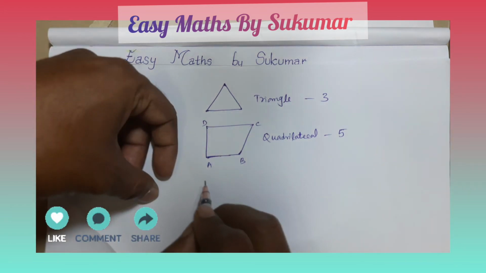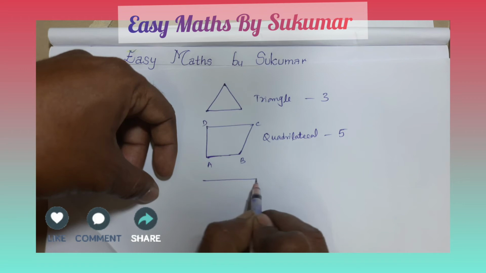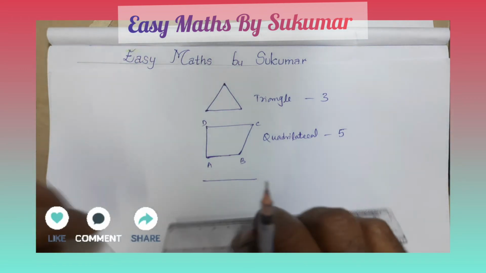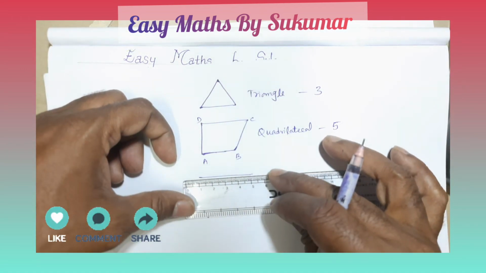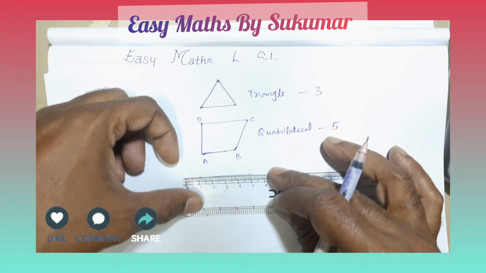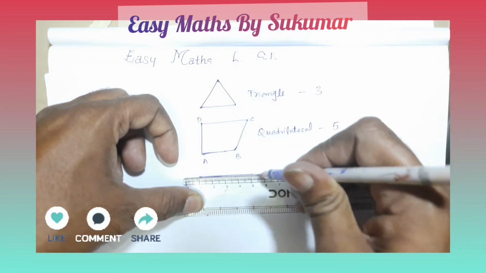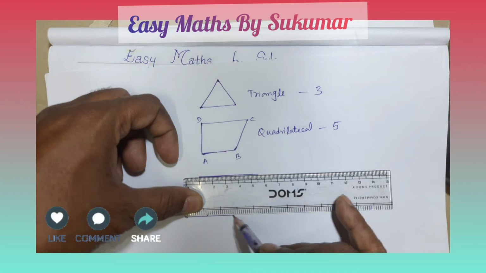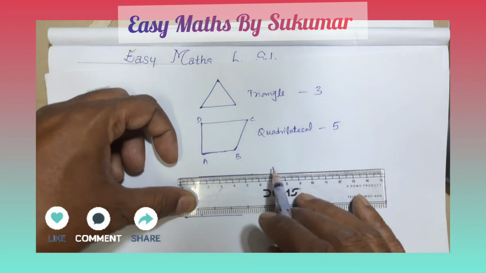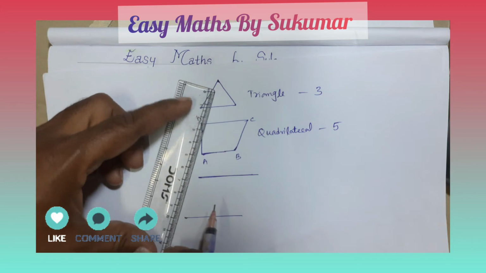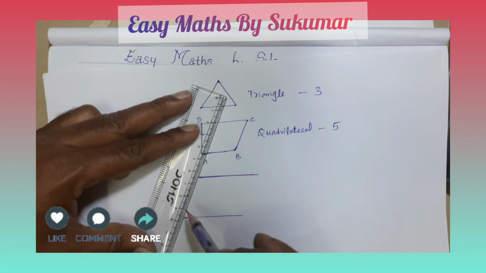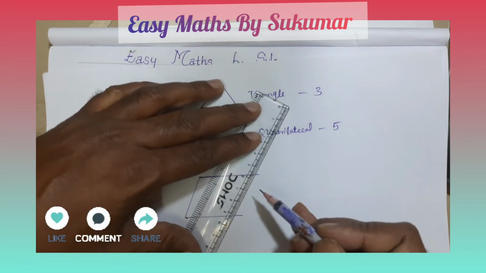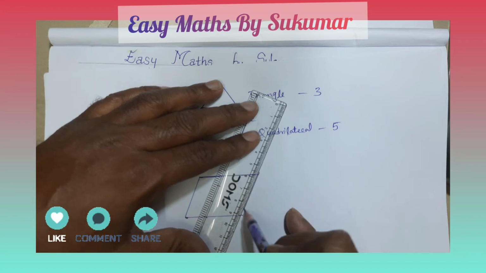And coming to the parallelogram, my dear students, see, I will tell you the easy way to draw a parallelogram, right? Just draw a line along the edge of this scale, and just join these two. So it is a parallelogram.